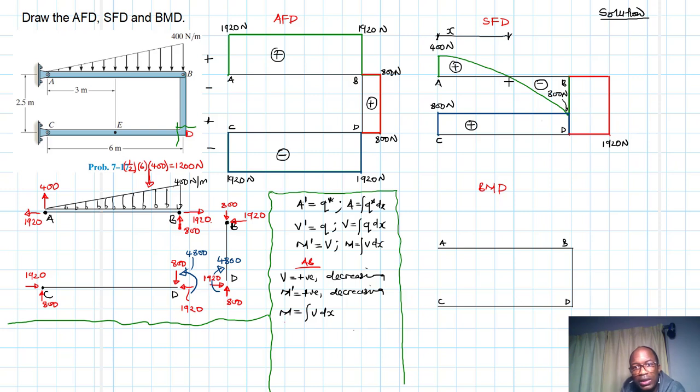So we want to find q at this point. Let's find a general function for this, because the function is being governed by a continuous function from a to b. So we'll say v as a function of x is equal to the initial value at a.